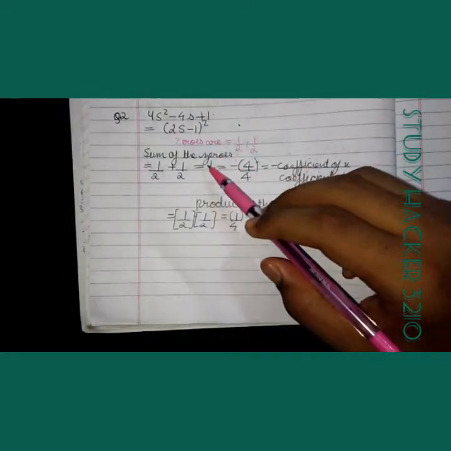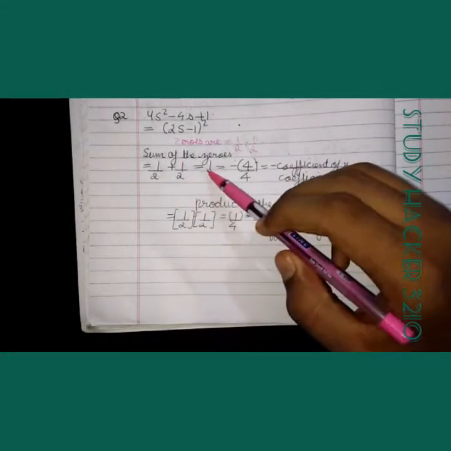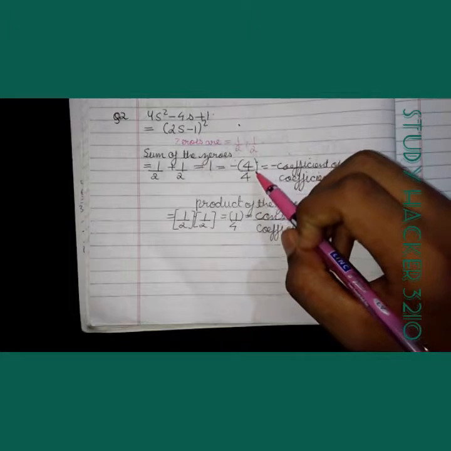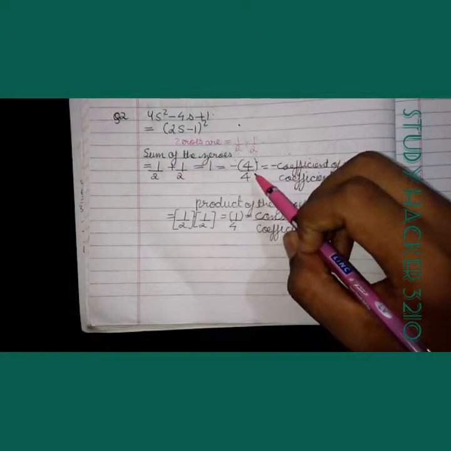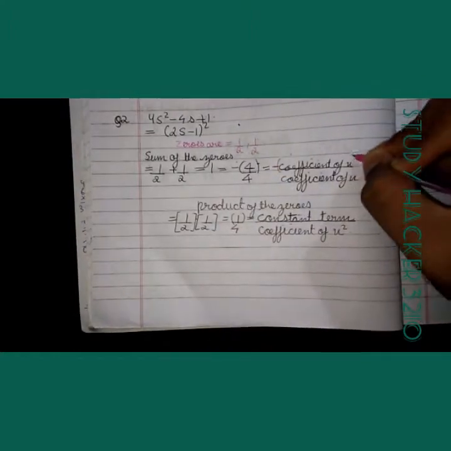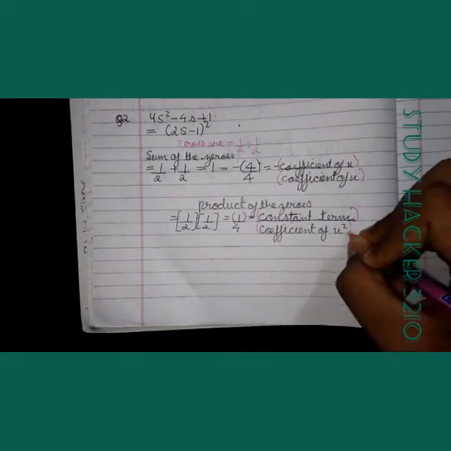So we have to verify the coefficients and the zeros. We write sum of zeros equals 1 upon 2 plus 1 upon 2, which equals 1, which equals minus 4 upon 4, which equals minus coefficient. Then you have to write the product of zeros, which equals 1 upon 2 into 1 upon 2, which equals 1 upon 4.